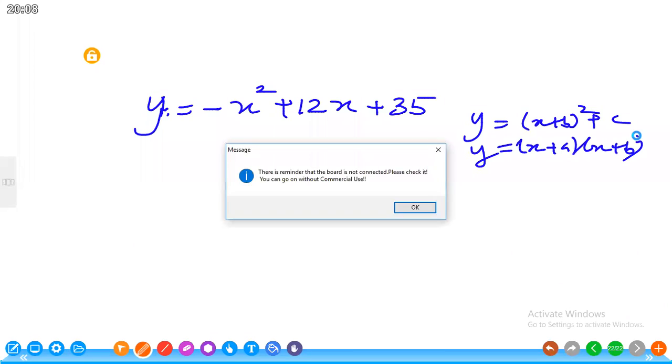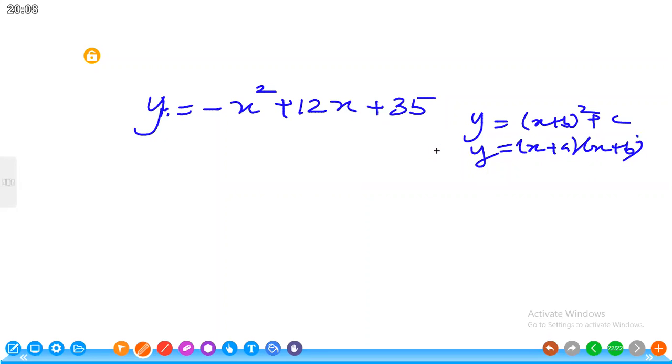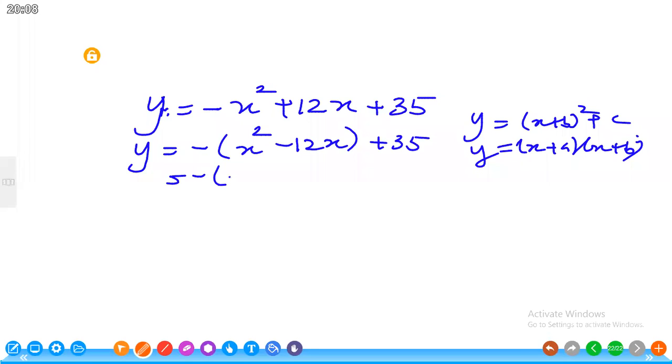Now how to convert this equation into a perfect square, right? Here take the minus out, so x squared minus 12x, right, plus 35. Then to convert to a perfect square, you have to add half of this number and square it. What is half of this number? 12, 6, and square it, 36, plus 36.